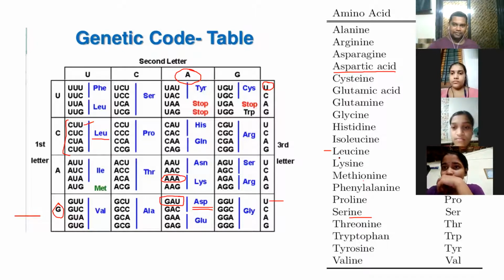Now the reverse way. If I ask you any one codon for the amino acid threonine. Any one codon. ACU, ACG. What about others?